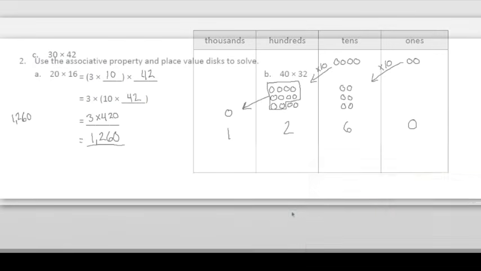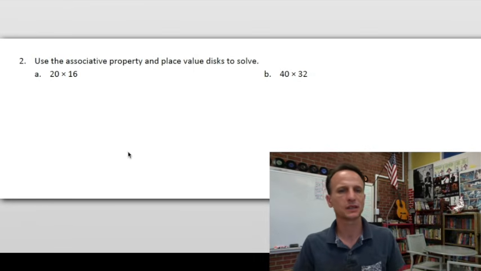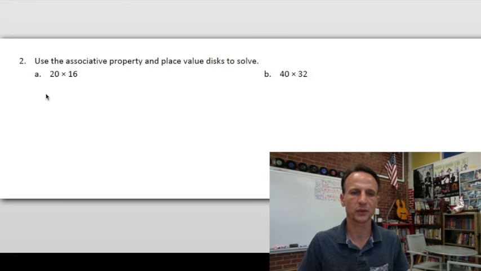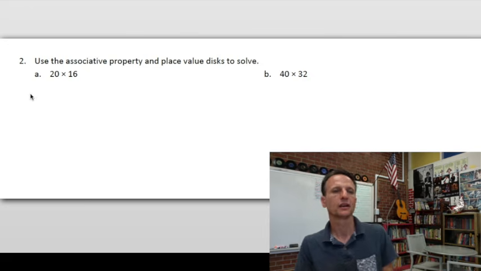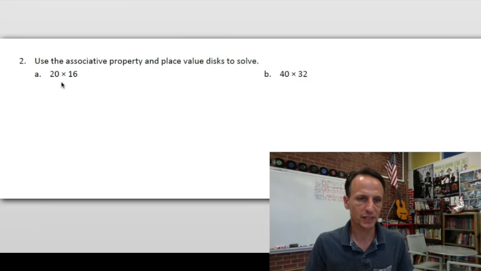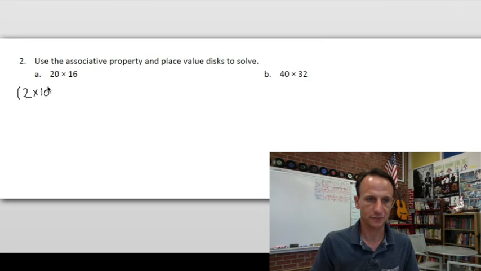Let's go on. In number 2 we're doing the same thing, but now they've taken away our little helps. We have to do the whole thing ourselves. So let's start off using the associative property and place value disks to solve. With 20 times 16, first we decompose that 20 as 2 times 10, and that's still times 16.